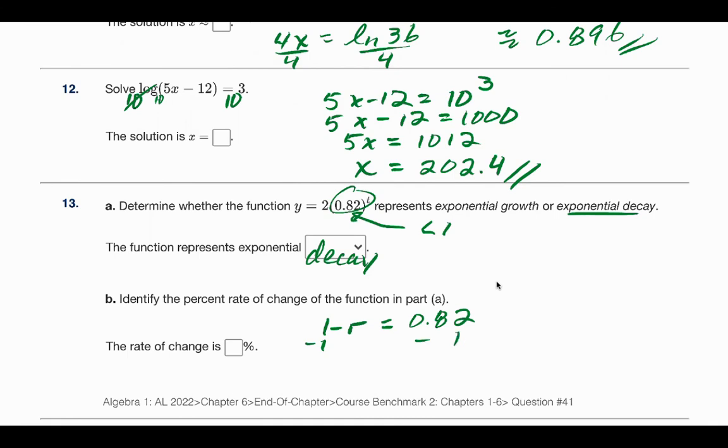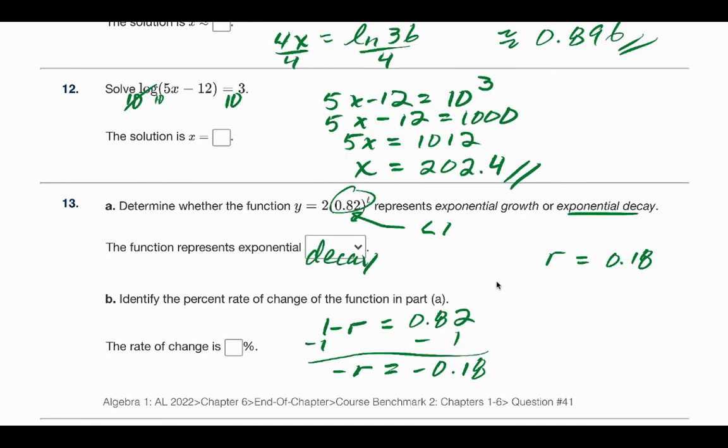And then that'll give me negative r is equal to negative 0.18. All right, or think about it, r is going to be 0.18. That's in decimal.